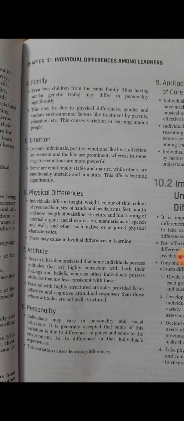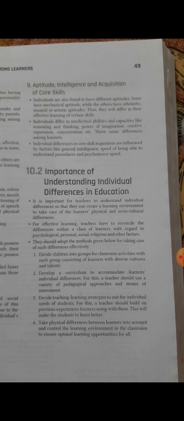Personality. Individuals may vary in personality and social behavior. It is generally accepted that some of this variation is due to difference in genes and some to the environment. That is, to difference in that individual's experience. This variation causes learning difference. Aptitude, intelligence, and acquisition of core skill. Individuals are also found to have different aptitudes.